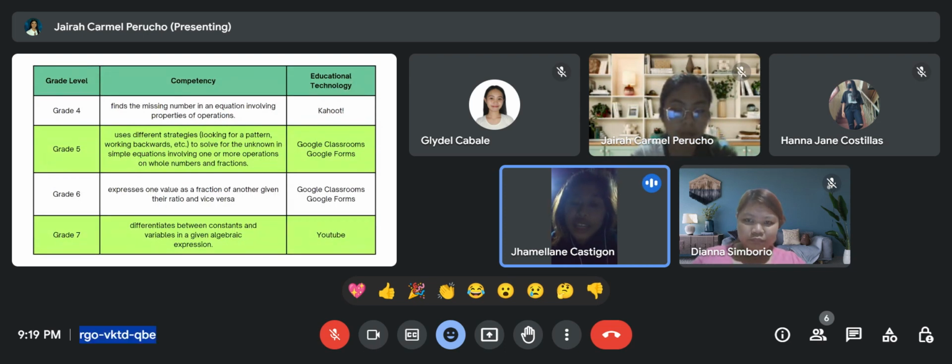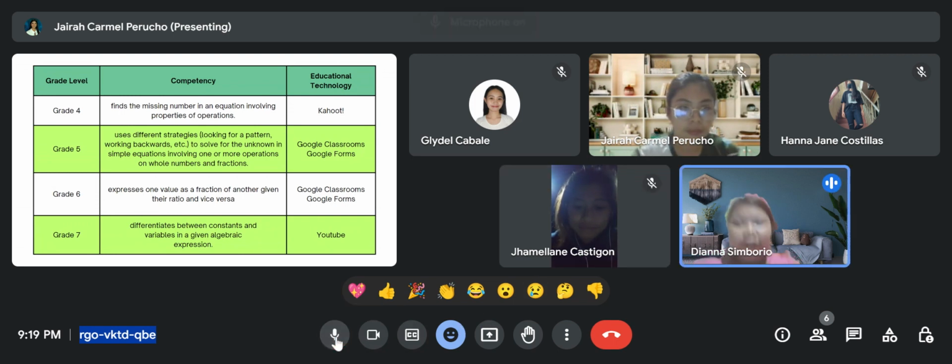Educators can create interactive assignments and assessments on Google Forms that prompt the students to use various problem-solving strategies such as looking for patterns or working backward. And Classroom provides a platform for teachers to deliver instructional materials and facilitate discussion, while Google Forms allow for easy assessment and feedback.